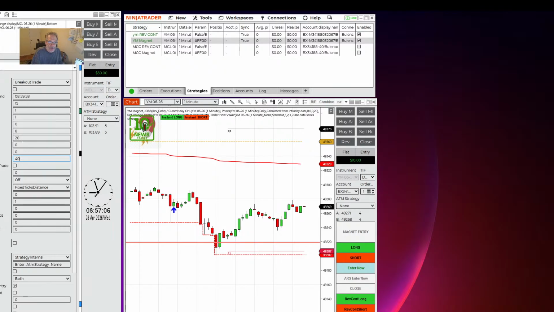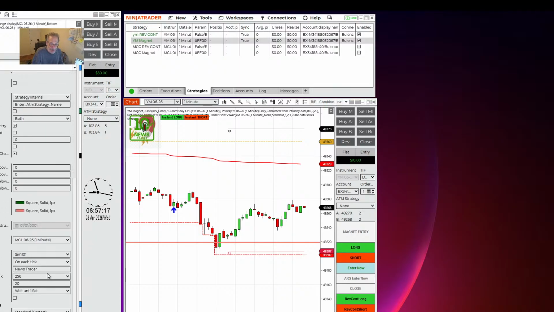Our orders will go on the chart. If our first target gets hit, target one stop move, I'll automatically move my stop to break even. And we're trading micros. We'll label it MCL breakout, BRK, and we'll keep working on that 29 account.